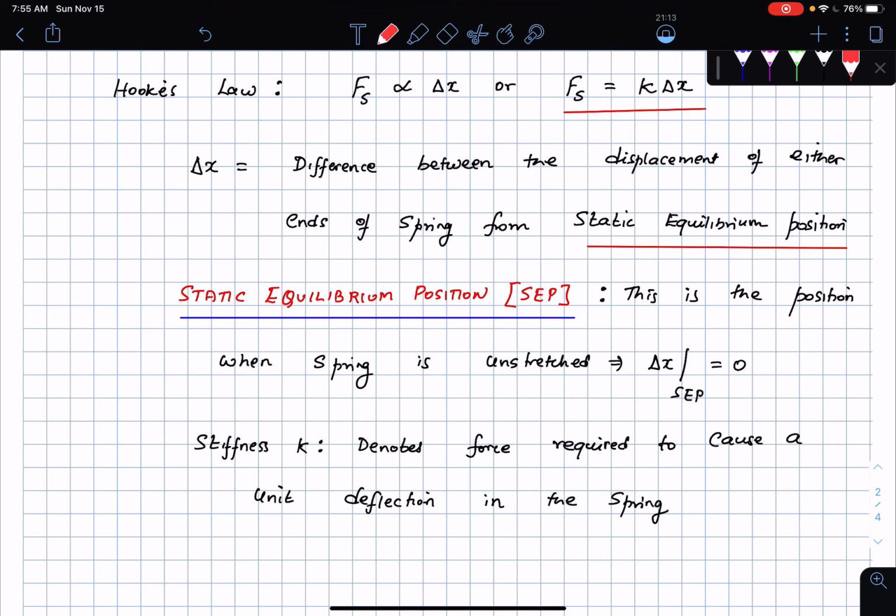The stiffness is always a positive value. It does not change signs or anything of that sort. You can think of it as a material property as well.